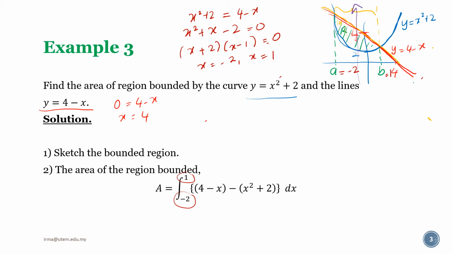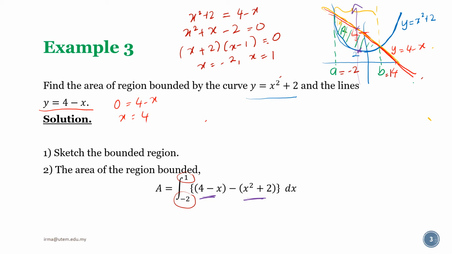So the curve will be smaller than the line. So that means that you will have the line minus the curve. Okay, the bigger one, you need to subtract with the smaller one. All right, so that's why we will have 4 minus x squared plus 2.